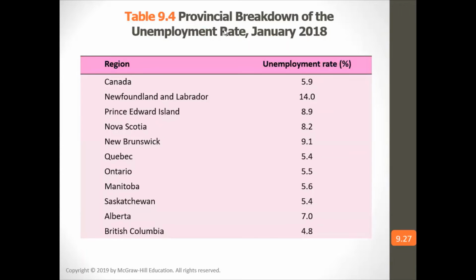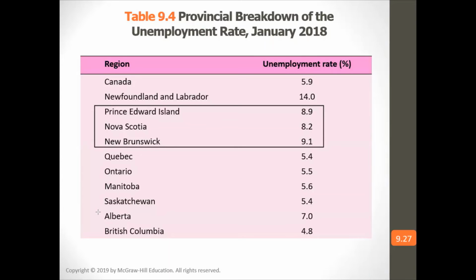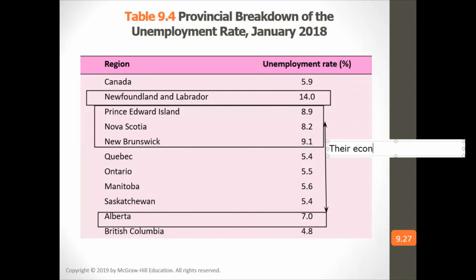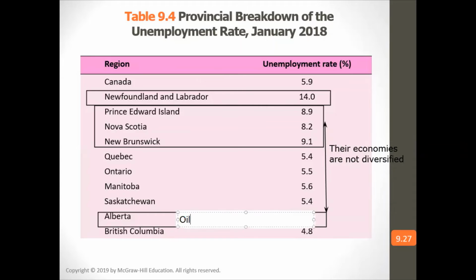So this is a good table. The reasons why these unemployment rates are so high for these areas is because of their economies. Their economies are not diversified. Oil is Alberta's, and then these are fisheries.